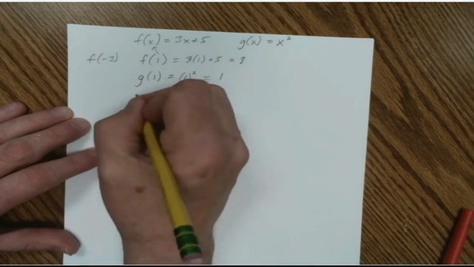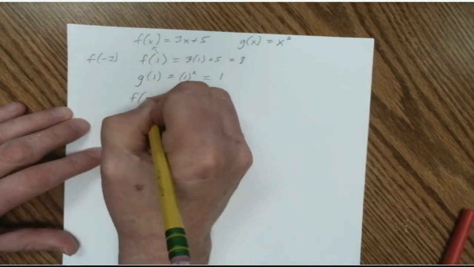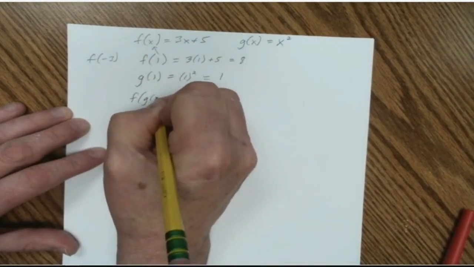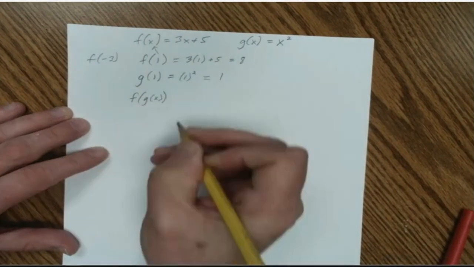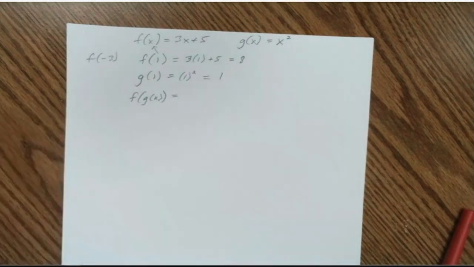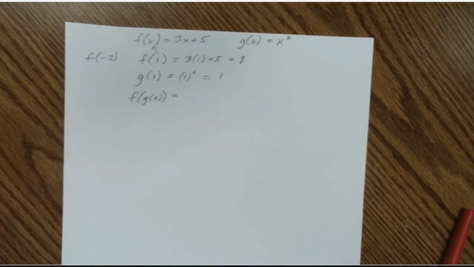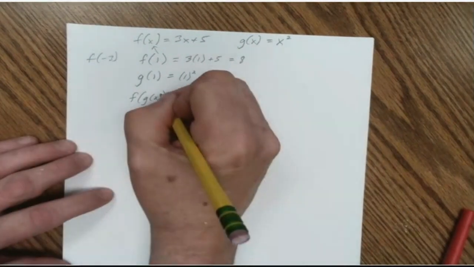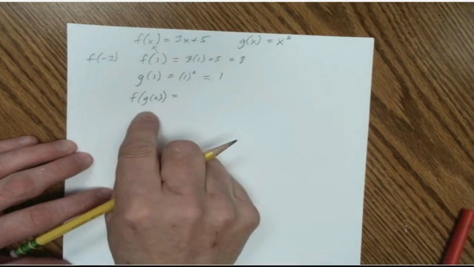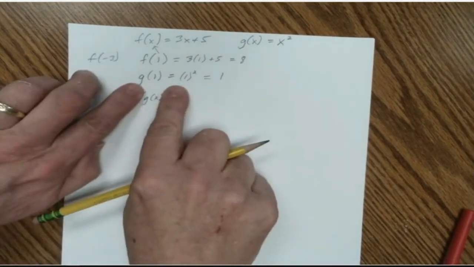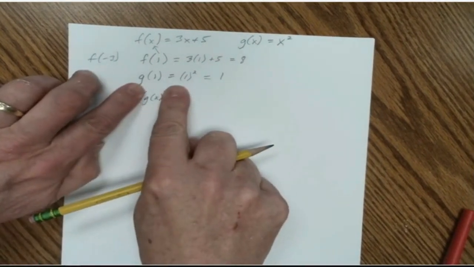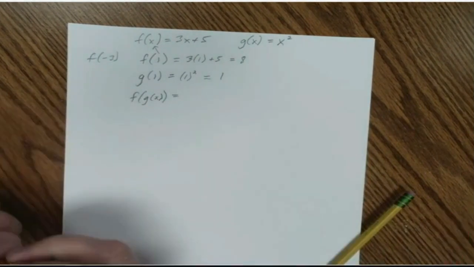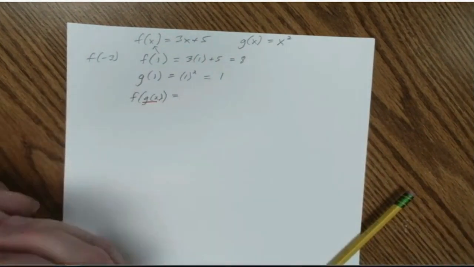But what if I do this? F of g of x. Now what are you going to do? Well, the rules don't change. The rules still work the same. Whatever's in this parentheses, we're going to substitute in for x. Well, what's in the parentheses? What's in the parentheses is g of x.